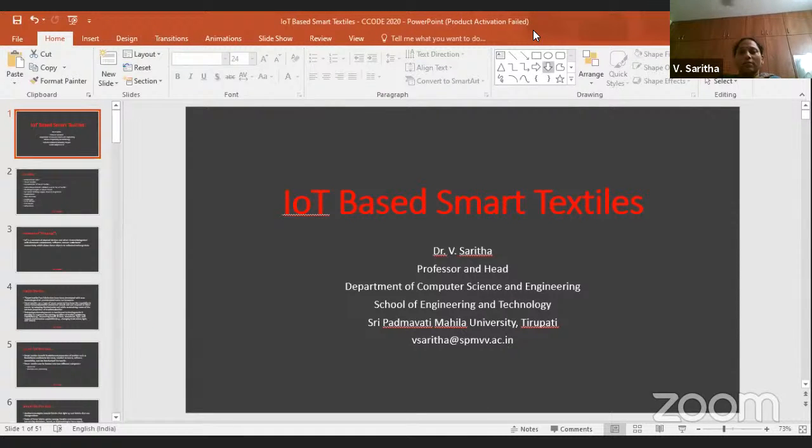IoT based smart textiles. Any questions?